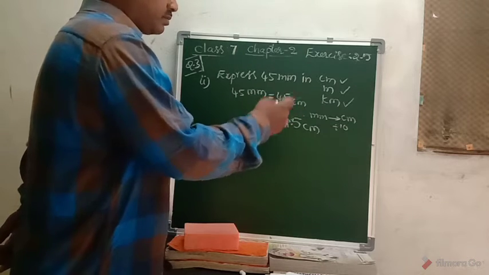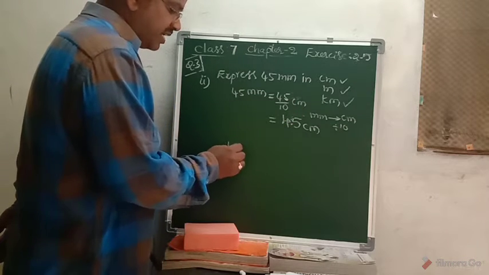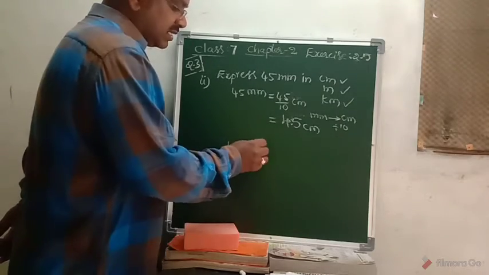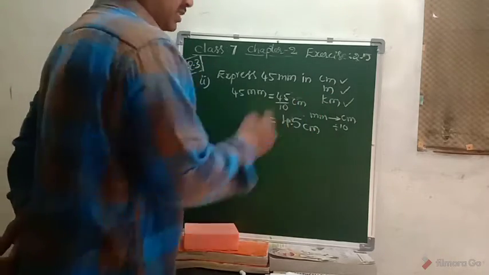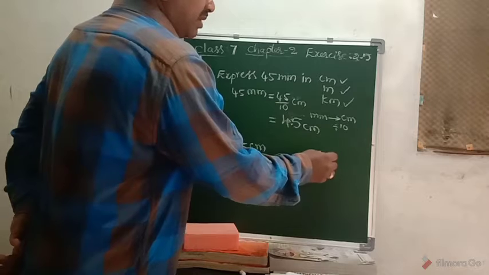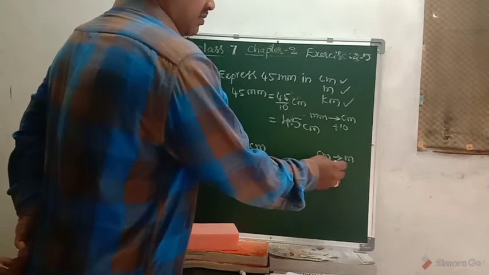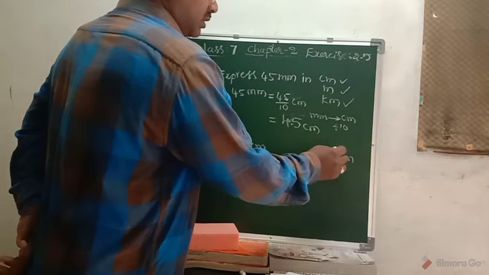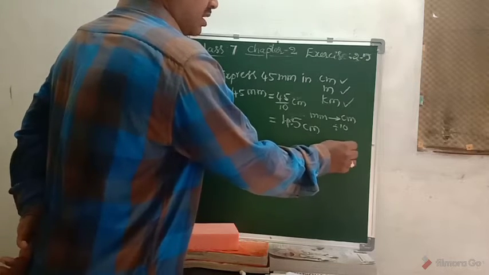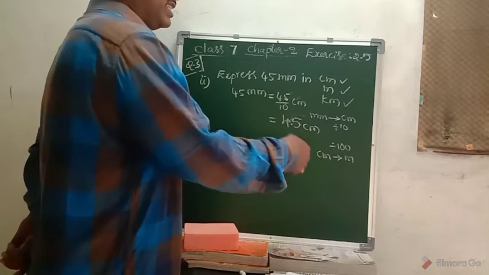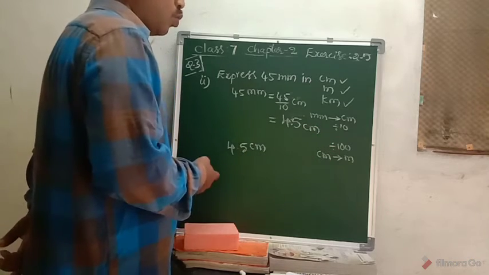Now 4.5 centimeters is converted into meters. To convert centimeters into meters, we divide by 100, because 100 centimeters makes 1 meter.